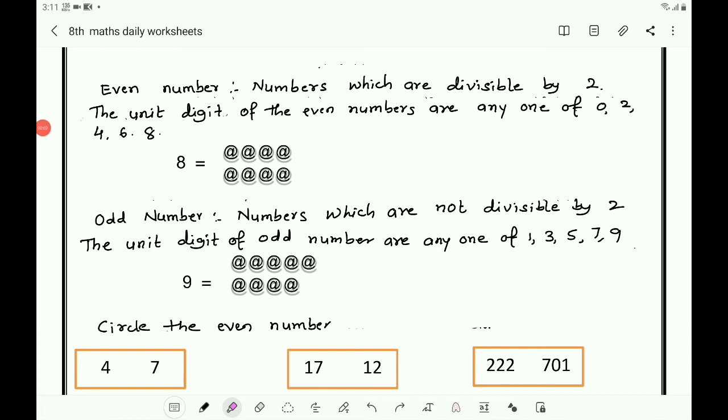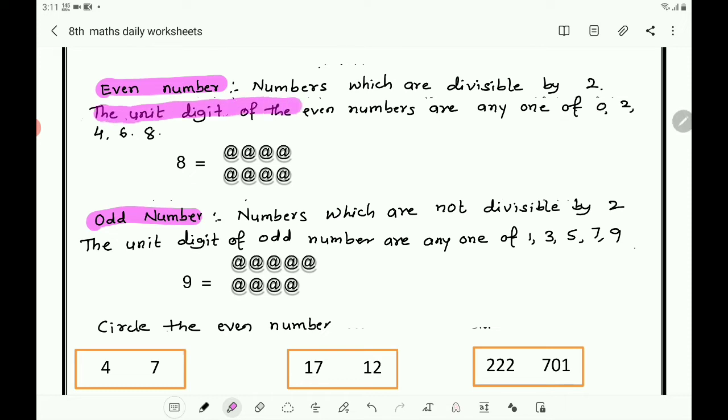Now about the even number and odd number. Even numbers are numbers which are divisible by 2, meaning groups of 2 elements can be made, two objects can be made. So what are the digits in the unit place of an even number?